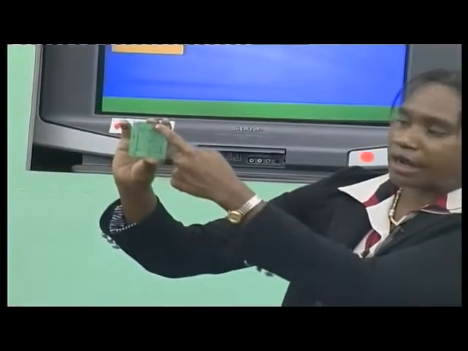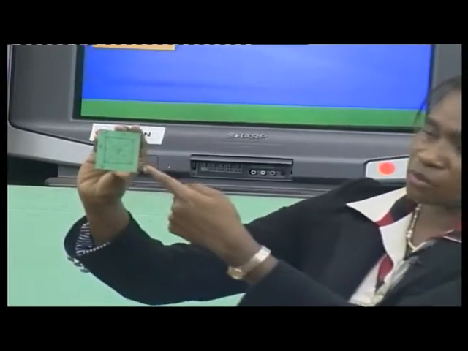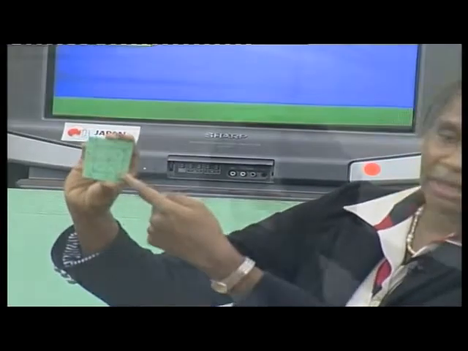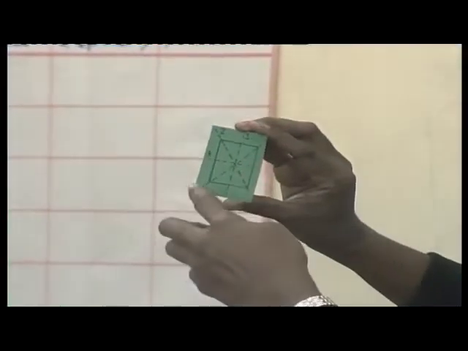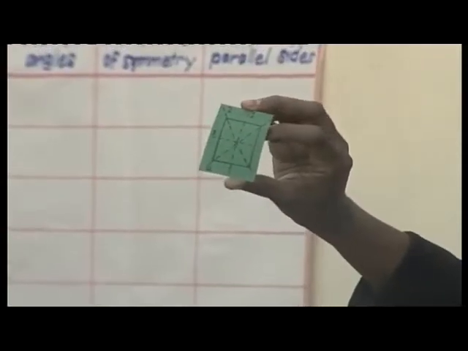Now, Victoria. 4. Okay, very good. There are 4 lines of symmetry. We have 1 coming down, 2 coming from this end to this end or diagonally, 3 and 4. It has been equally divided by the lines of symmetry. So there are 4 lines of symmetry on a square.